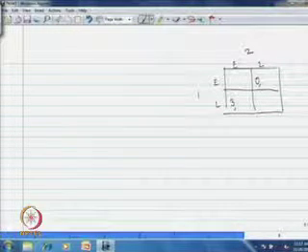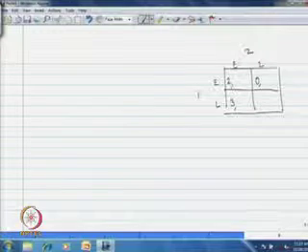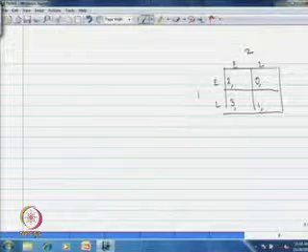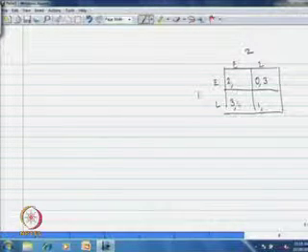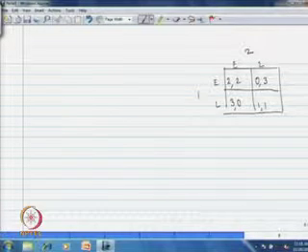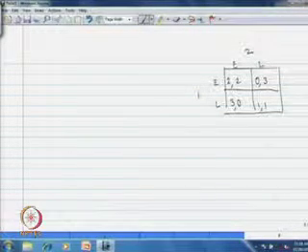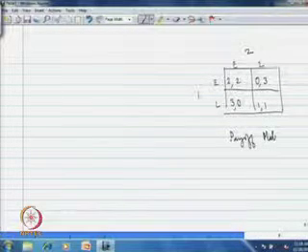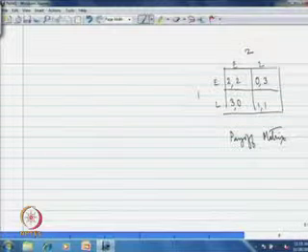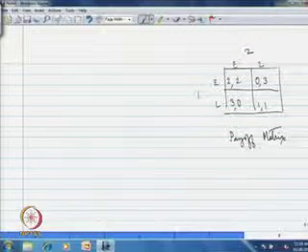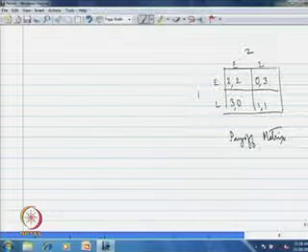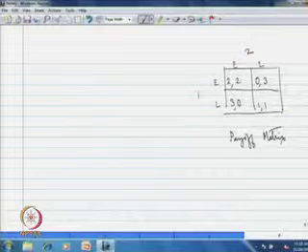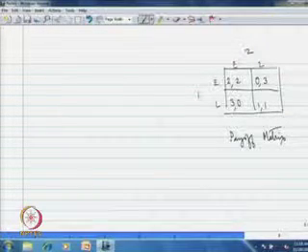Second best is both of us are early, and the third best is both of us are late. And the opposite for the other Nawab. So, this is the payoff matrix in this game. Now, in this game, we have to find out the Nash equilibria.